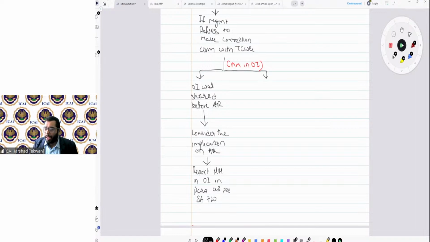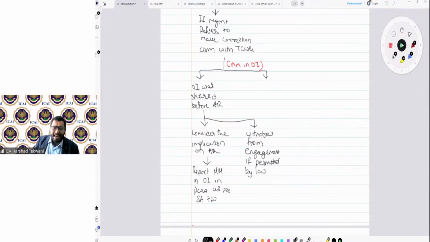If that is not the case, and there is a very big amount which I cannot report, a lot of information which is materially misstated, I have another option: withdraw from the engagement, if permitted by law.